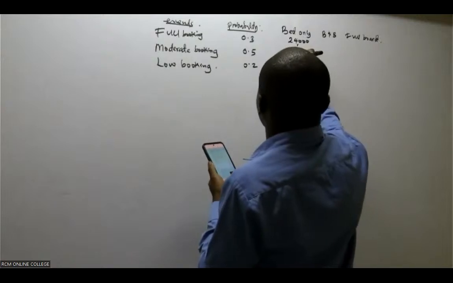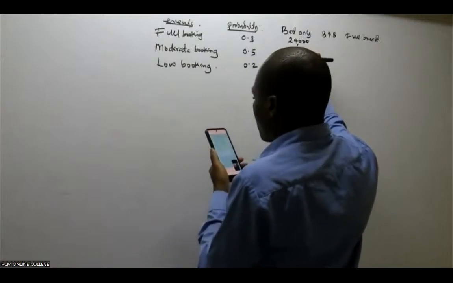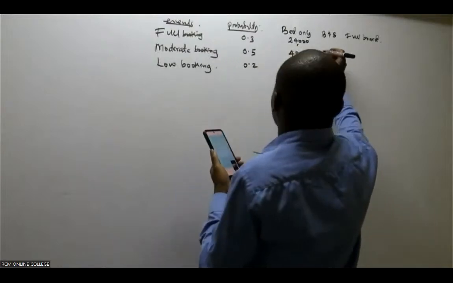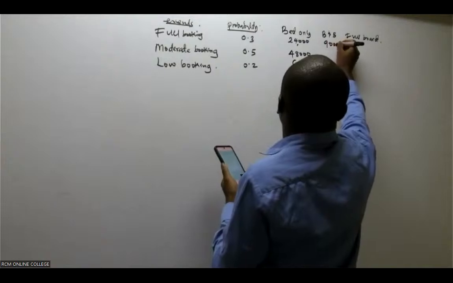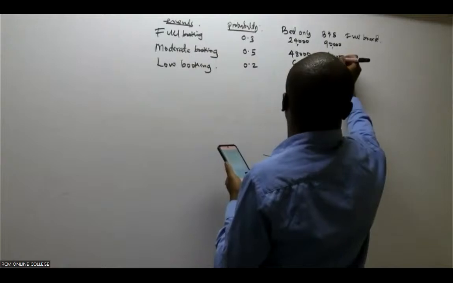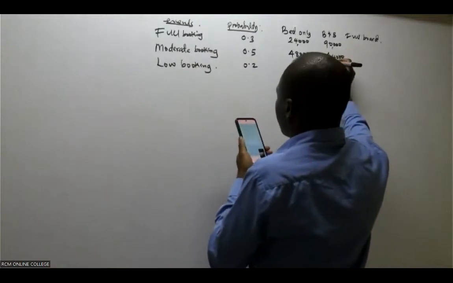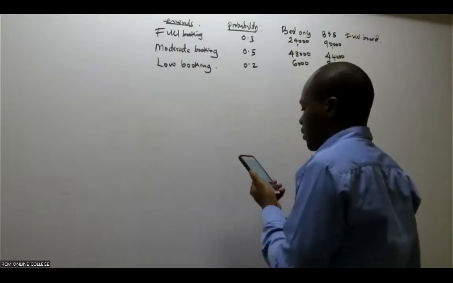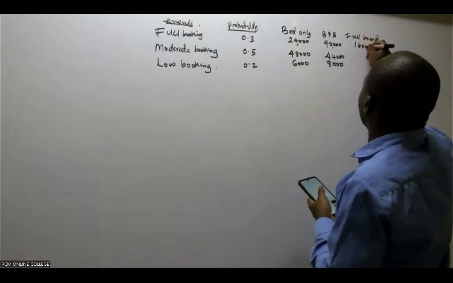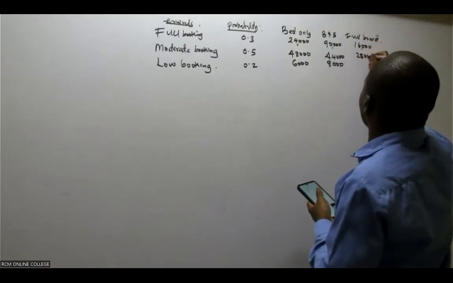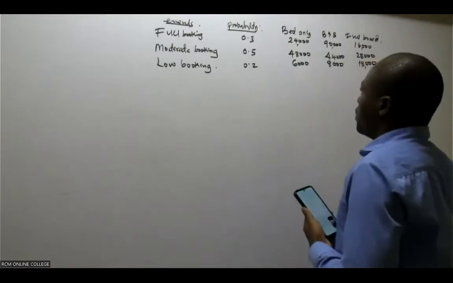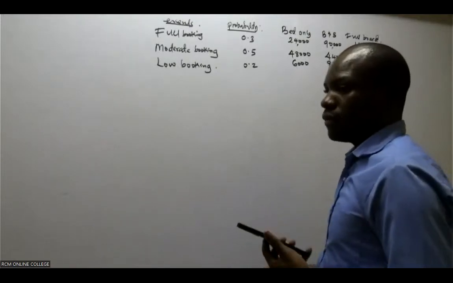We have 48,000, 6,000, 90,000, 44,000, 8,000, 16, 28, 18. Good, so that's what we have.